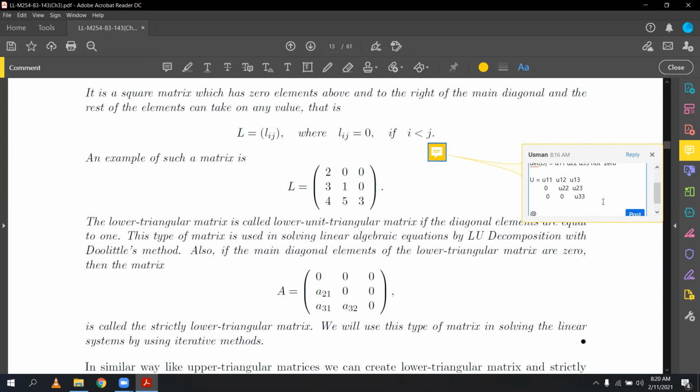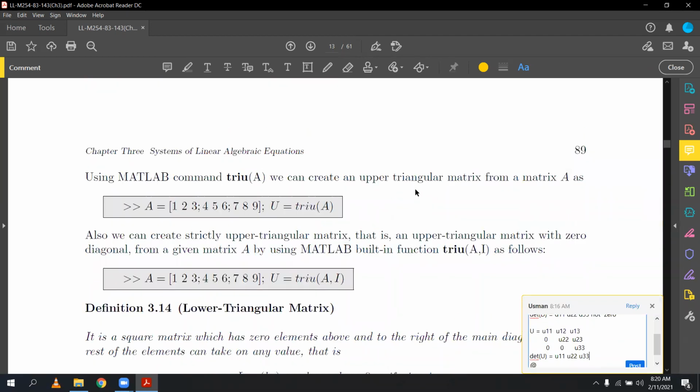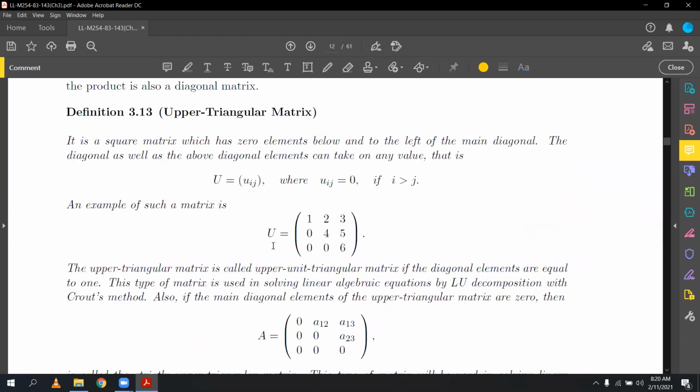Why? Because we have the formula that the determinant of U is always equal to U11 times U22 times U33. If all the diagonal elements are not 0, what is the determinant of this one? 1 multiplied by 4 multiplied by 6 is 24, and 24 is not equal to 0.